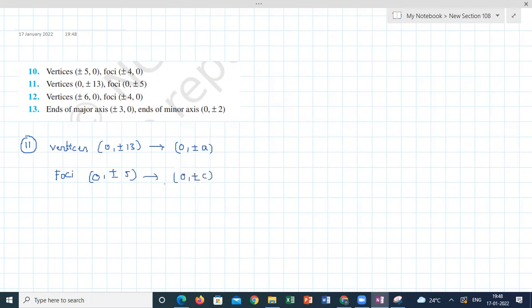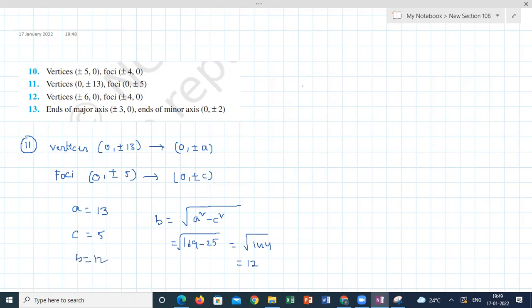So A is equal to 13, C is equal to 5. From here B is equal to root of a square minus c square, 169 minus 25, root 144, which is nothing but 12. So B is equal to 12.